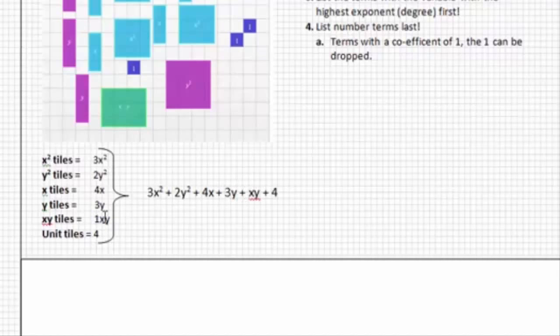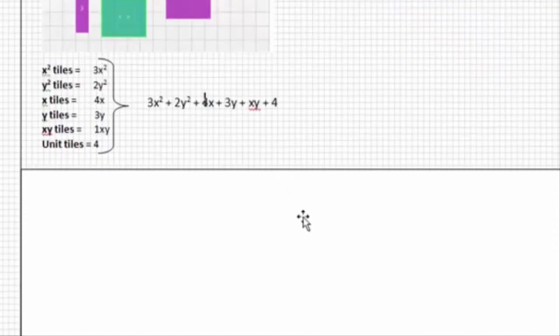I don't need to include the 1, because there's only one of them there, and multiplying by 1 doesn't change the value of anything. So plus xy plus 4. So this would be the simplified expression that represents these algebra tiles in its most simplified form by combining all the things that are alike into one term.